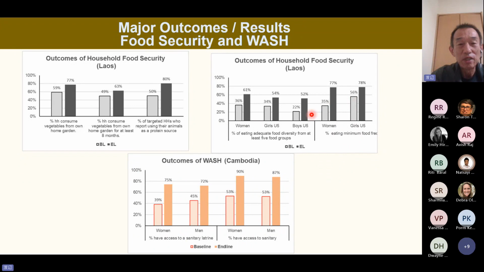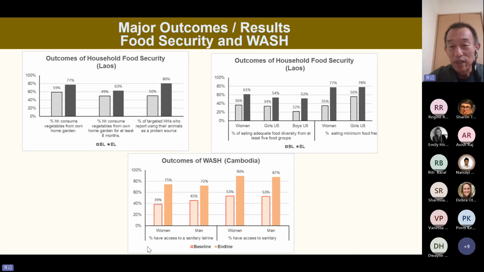Quite a significant improvement was observed. Whereas in Cambodia, I observed more significant increments for the WASH indicators, access to latrines and access to safe water. You can see the quite big improvement for Cambodia.